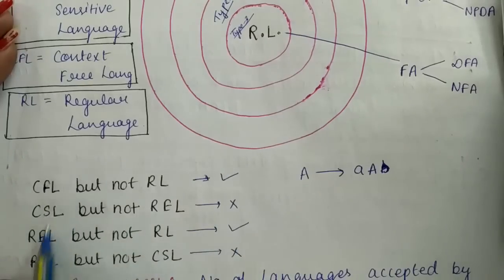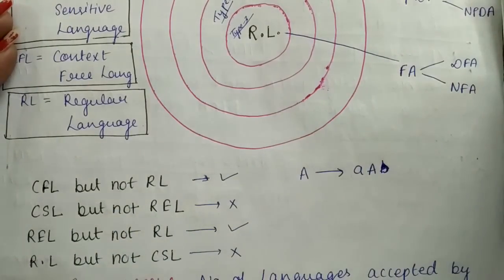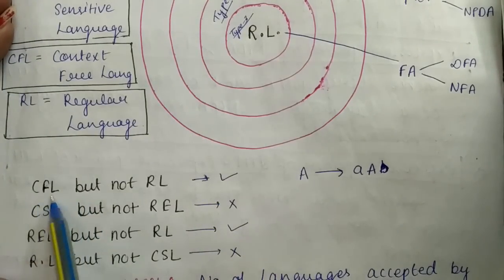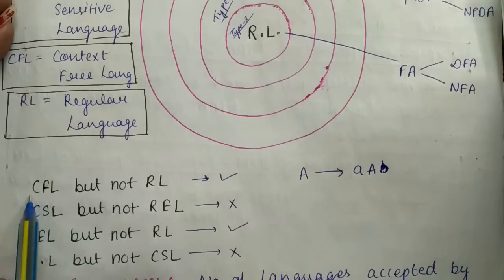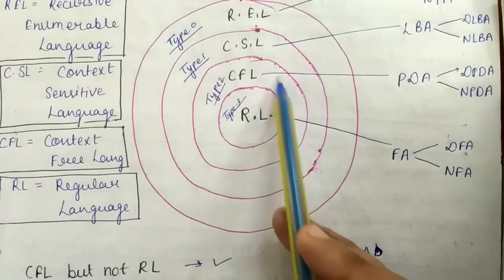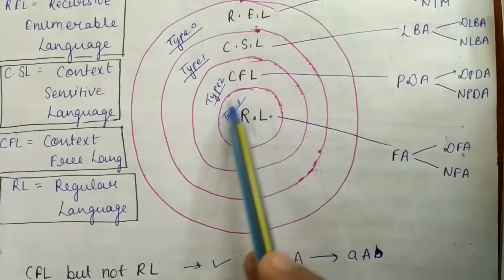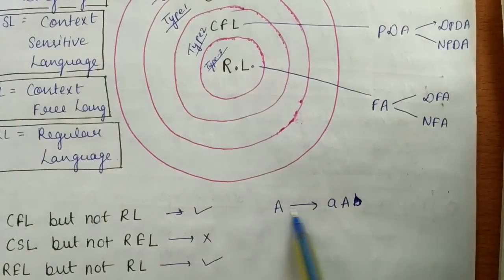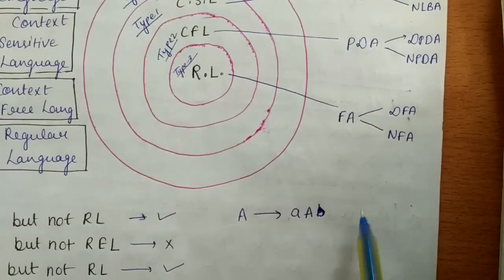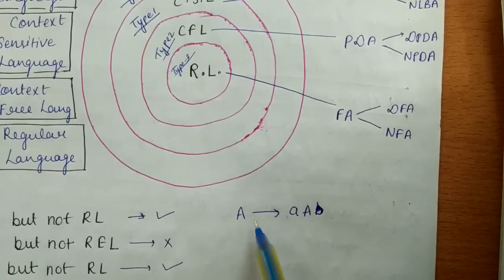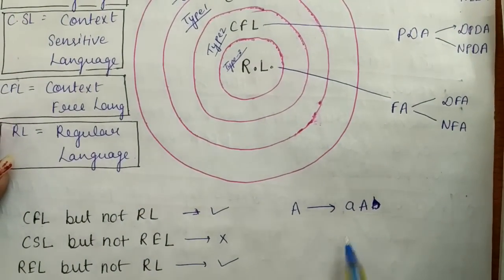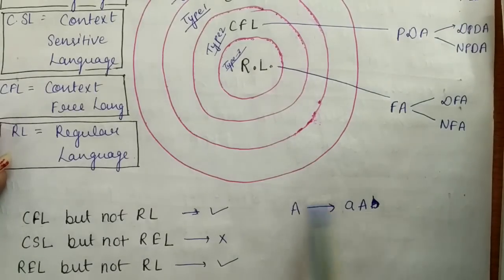Now see these four statements and please choose the right option. If a language is CFL, is this correct: a language is CFL but not RL? Of course, this is correct. A language can be CFL but not RL. It means in CFL we can have this production also, but it does not belong to RL, because regular grammars are always left linear or right linear but not middle linear.